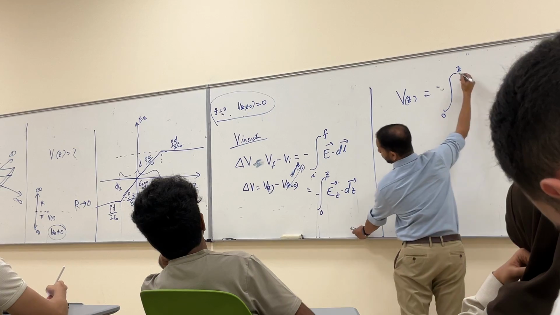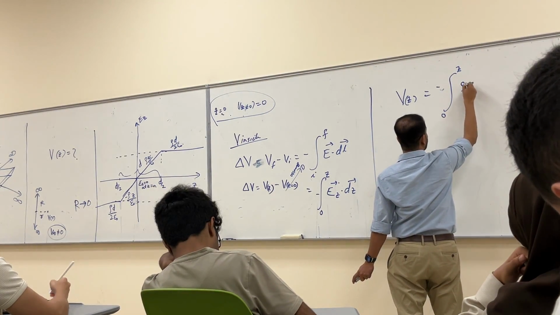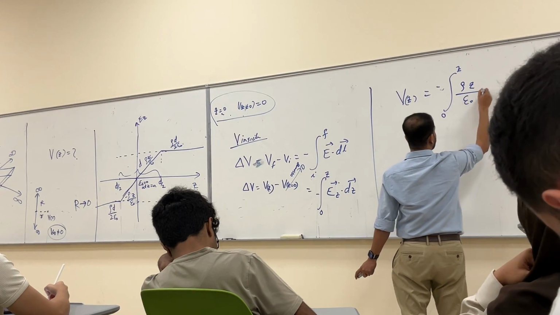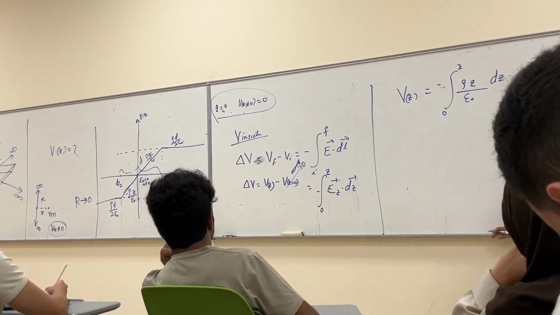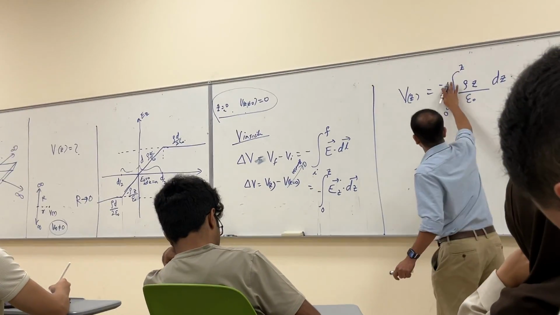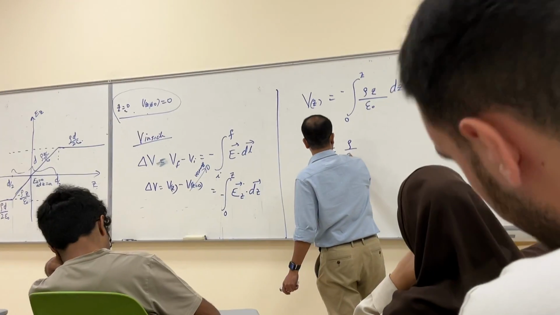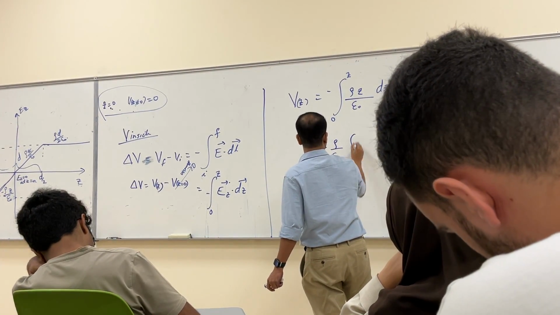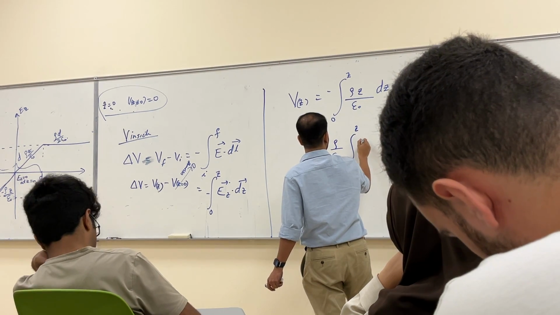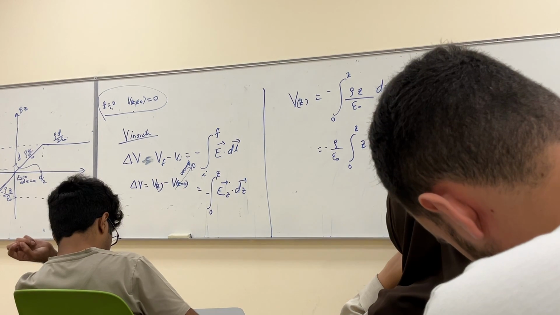And what is the electric field inside? Rho over epsilon 0, dz, right? So when you integrate this, you can take rho over epsilon 0 outside, integrate from 0 to Z of dz.